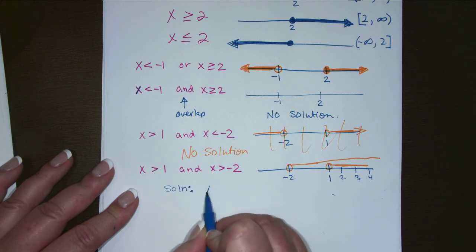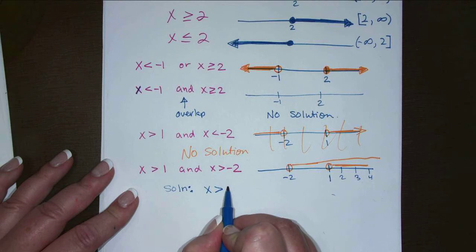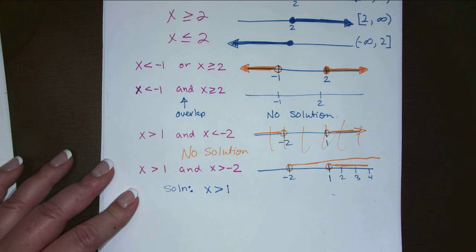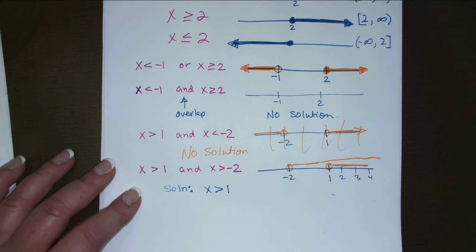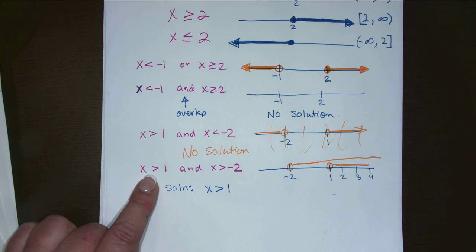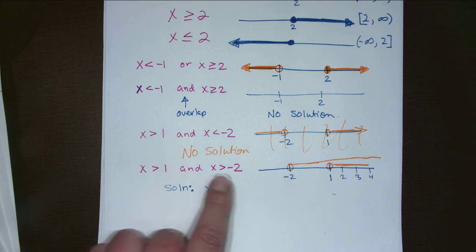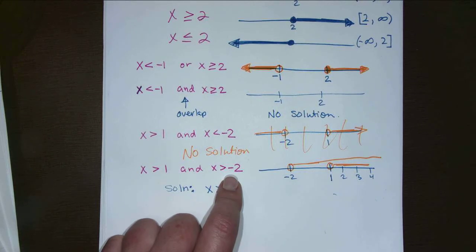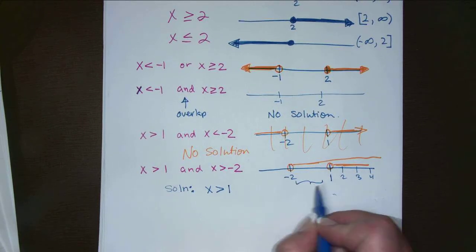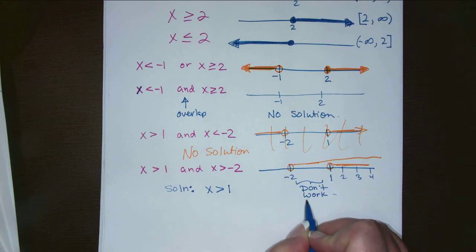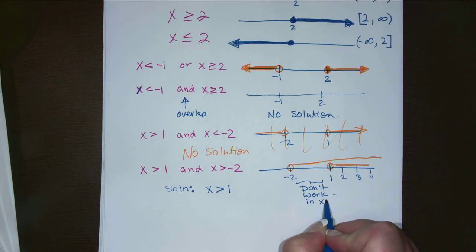So our answer would be what? x is greater than 1. Not equal, because you can't equal 1 in this one. But here 2, 3, 4, 5 works, and here 2, 3, 4, 5 works as well. But the numbers in here don't work, right?